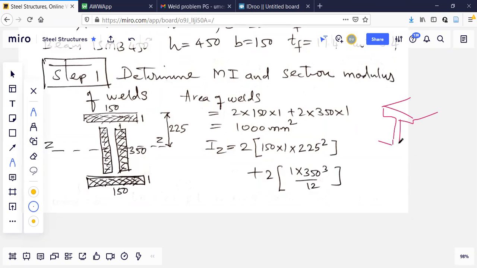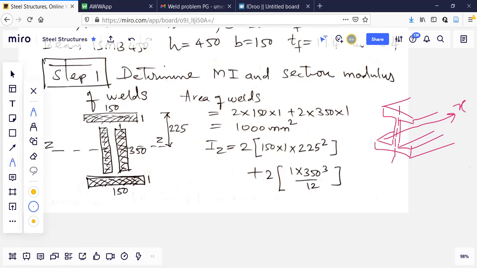See, this is the I beam. For the sake of convenience, this axis is as usual the y-axis. This line is the x-axis.